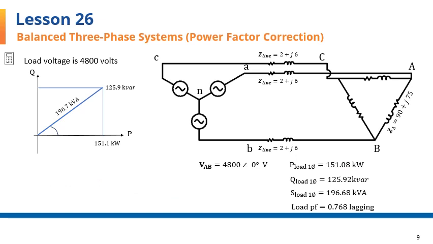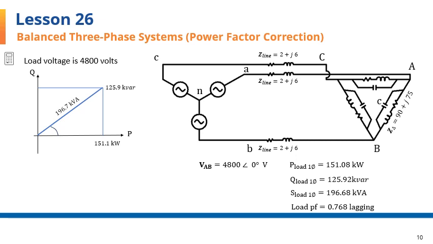I will next place three identical power capacitors, each in parallel with one of the three loads. We don't know the size of these capacitors yet, so I'll simply give them a value of C farads. Seen in this picture, they are all the same magnitude, and I'm just showing one of those.